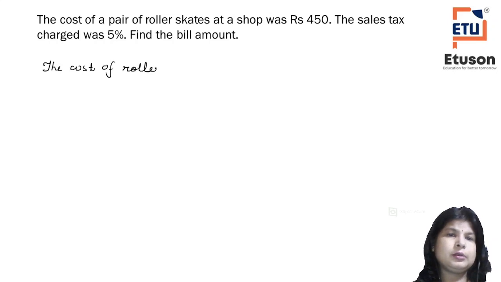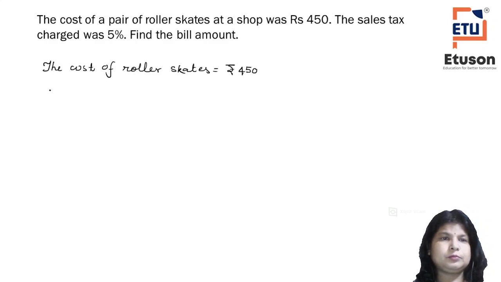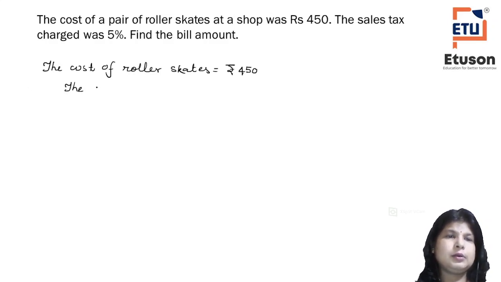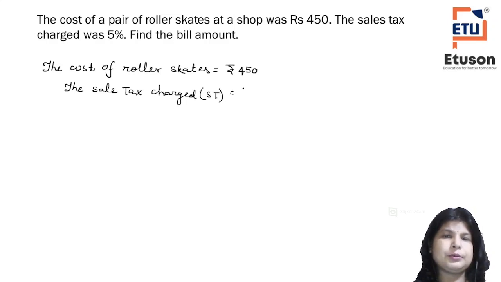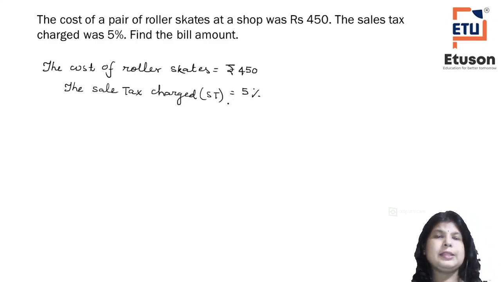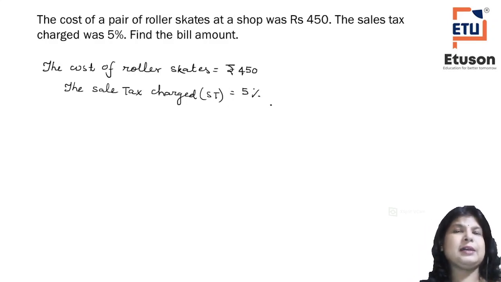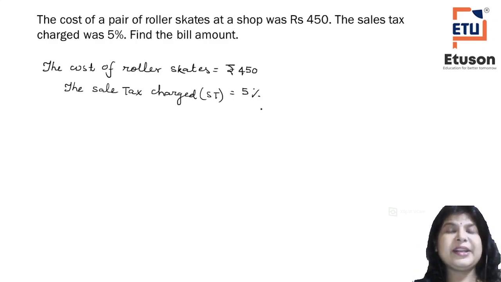roller skates is equal to rupees 450. The sale tax charged, that is ST, is equal to 5 percent. When we say 5 percent, that means 5 rupees is charged on 100 rupees.